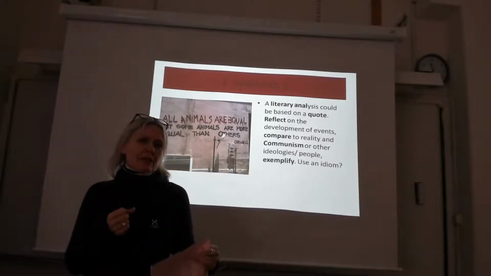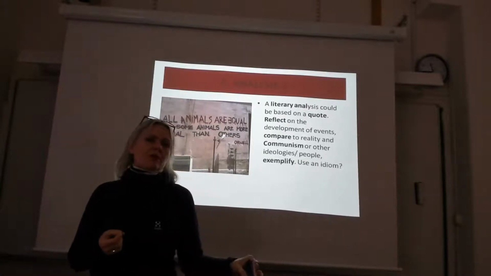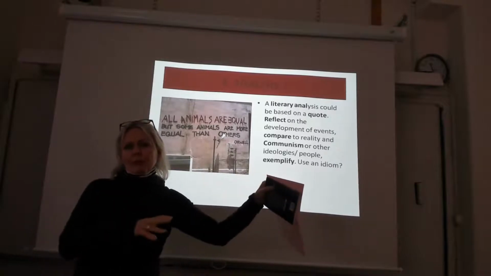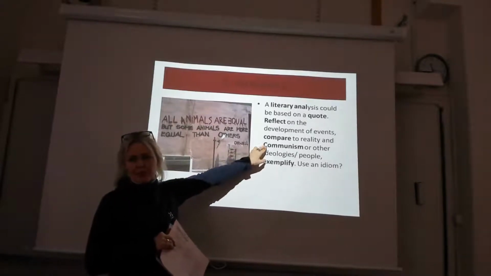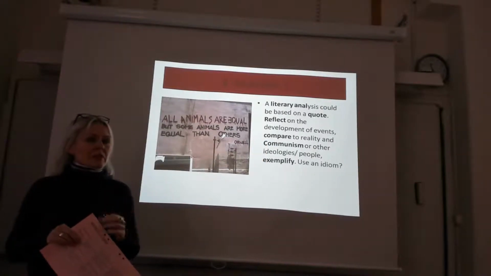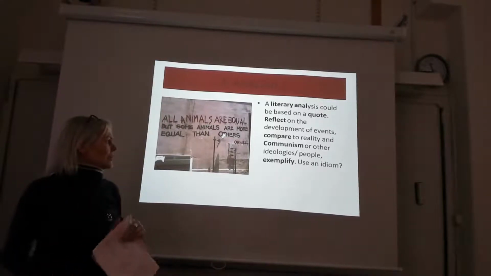This happened when, or Boxer, who was the admiration of everyone, who had these mottos throughout the book. So you analyze something, compare to reality, for instance communism or other isms, if you want, England, Germany, allies during the World War, etc.